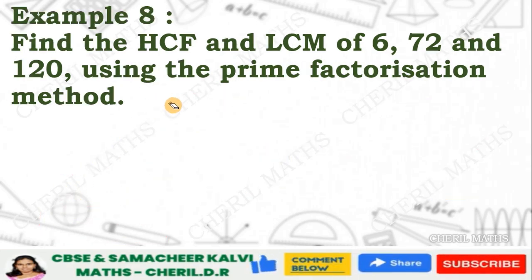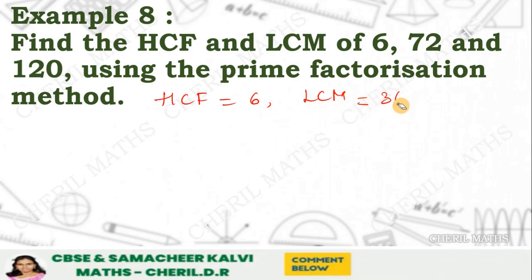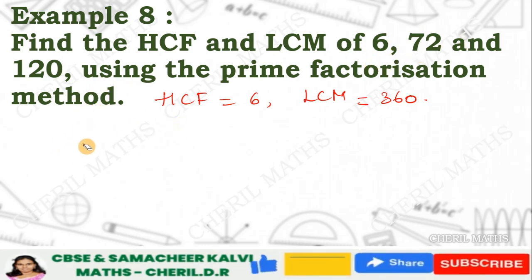Have we got the HCF and LCM? Yes. So now we have found the HCF to be 6 and the LCM to be 360. Let me tell you one more small thing. We'll recap what I told you in the beginning: if you have 3 numbers, when you multiply these 3 numbers, you will not get the product of HCF and LCM.